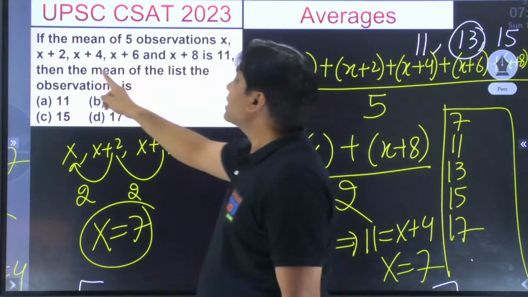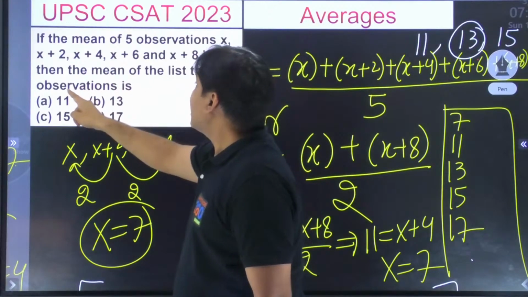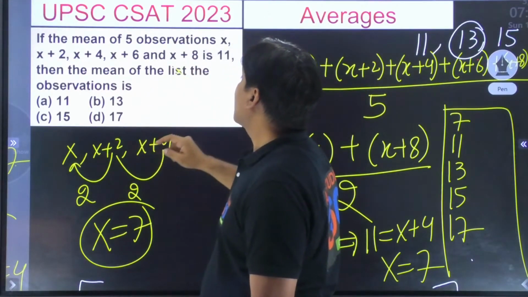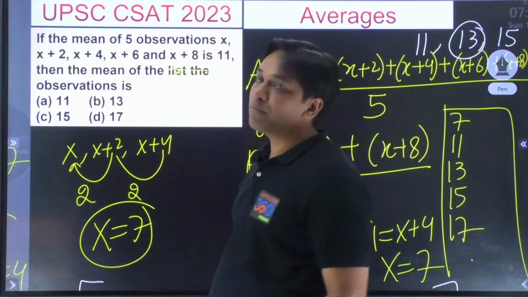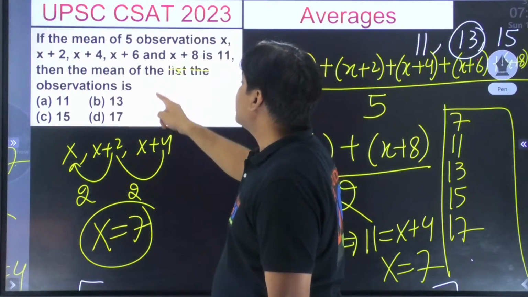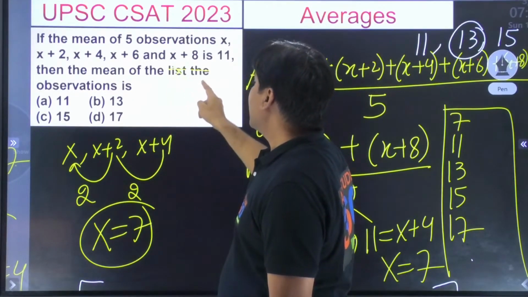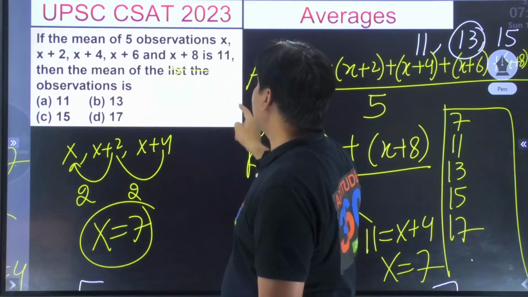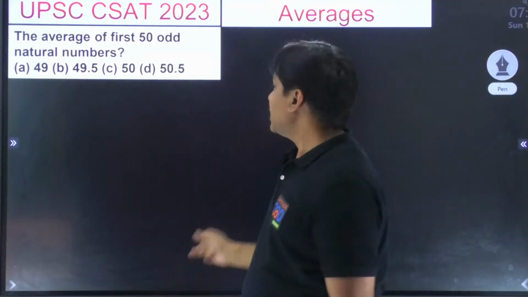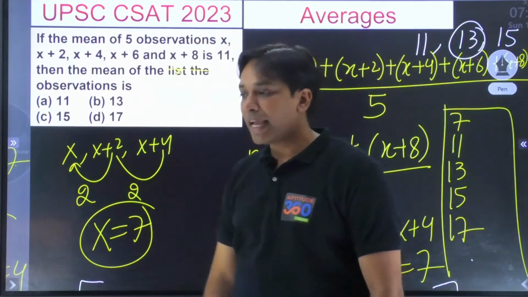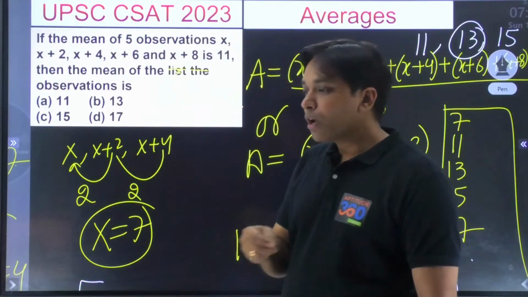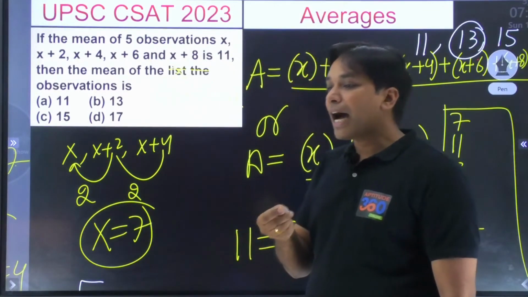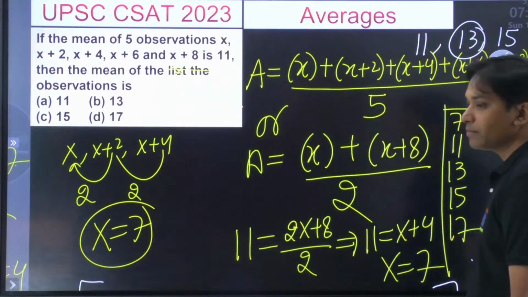What is the problem? Then the mean of the, oh no, typo mistake. I'm so sorry. It is the mean of the last 3. How did this typo mistake happen? Mean of the last 3. Is this clear now? What is the mean? Mean of the last 3 observations.